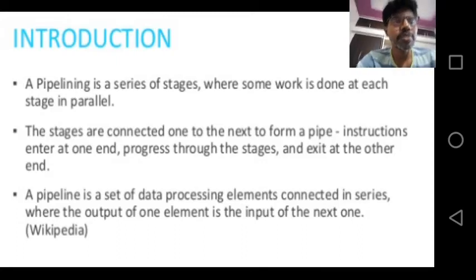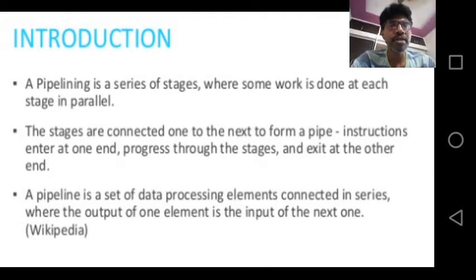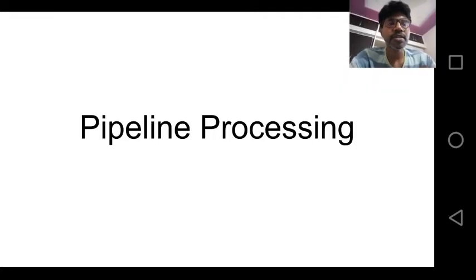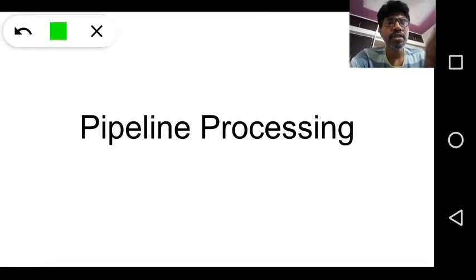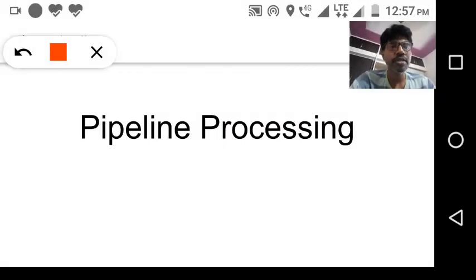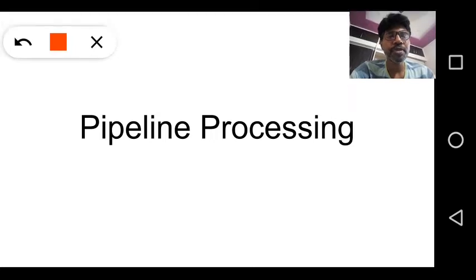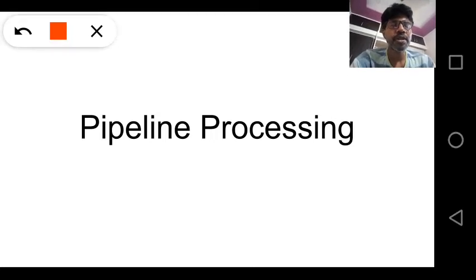Hi all, today we will see an important topic which is known as pipeline processing. And the concept of pipeline processing comes from, I'll correlate it with a real world example so that you can understand better.